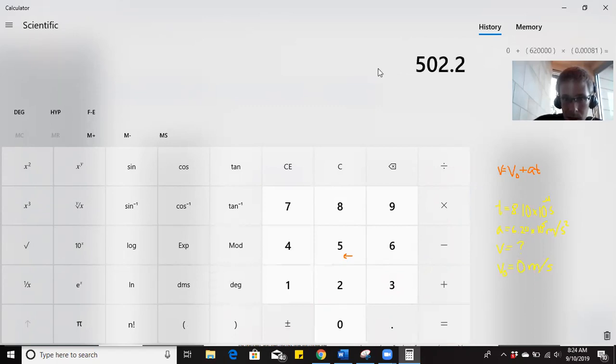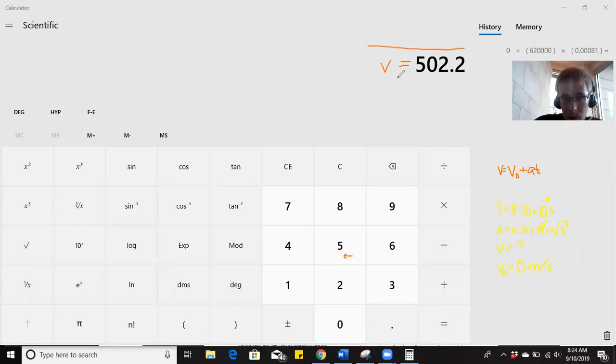And I hit equals. And there you have it. We have our value for our final velocity. So I'm going to say my velocity is equal to 502.2 meters per second. Let's ask ourselves if that makes sense in the context of the problem.